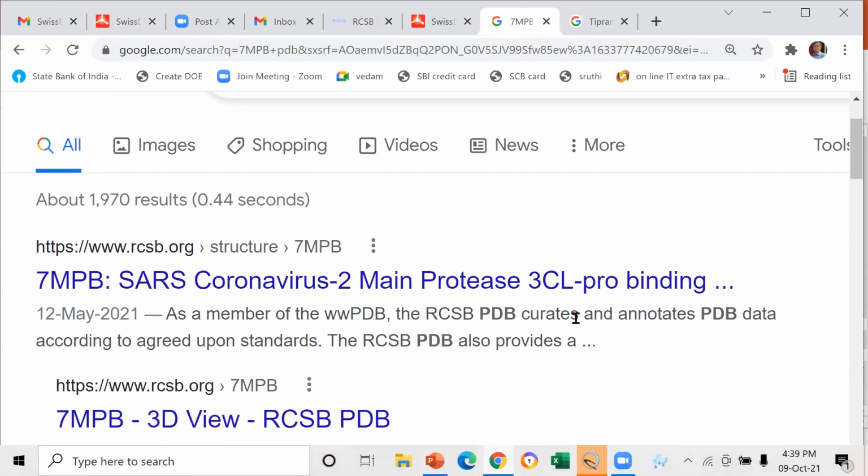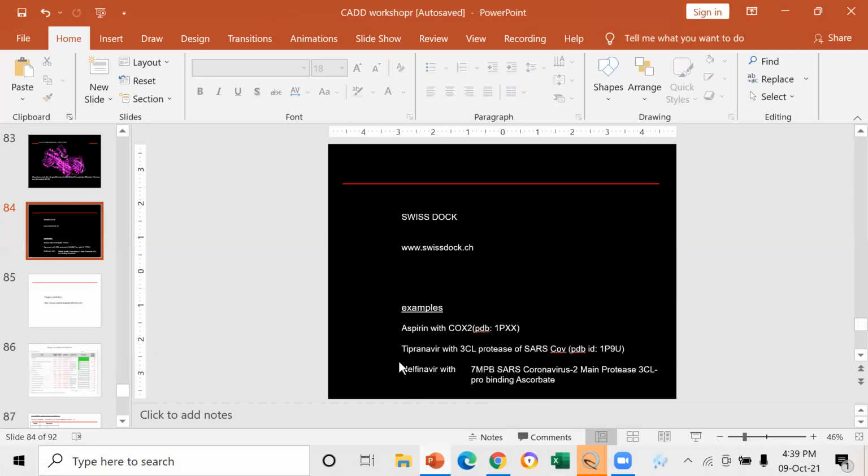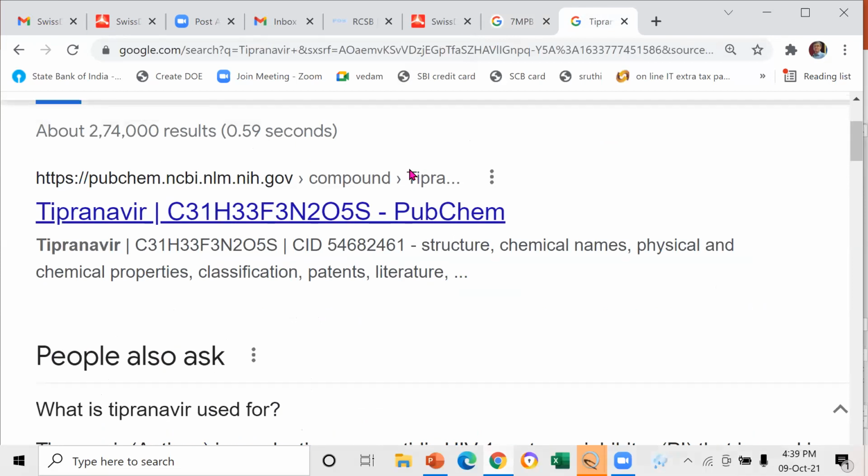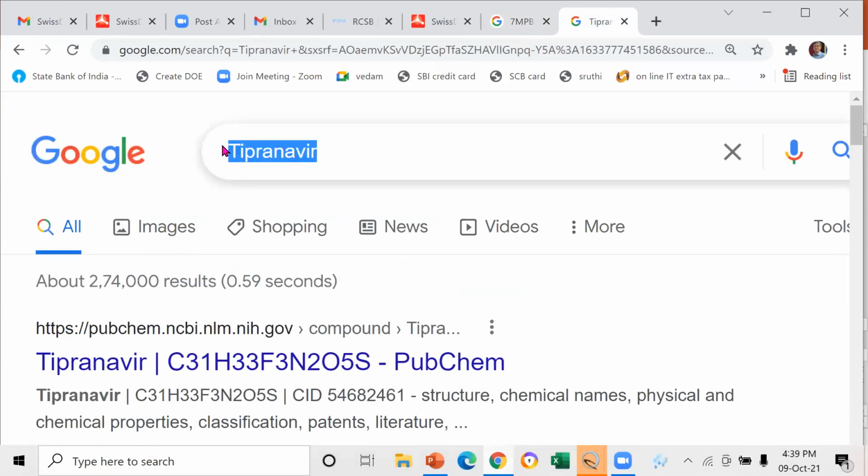This is also a 3CL-like protease. And here I looked at another drug called nelfinavir. You must have heard of all these drugs in the past one year. Many of these drugs were looked at for the treatment of this COVID-19.